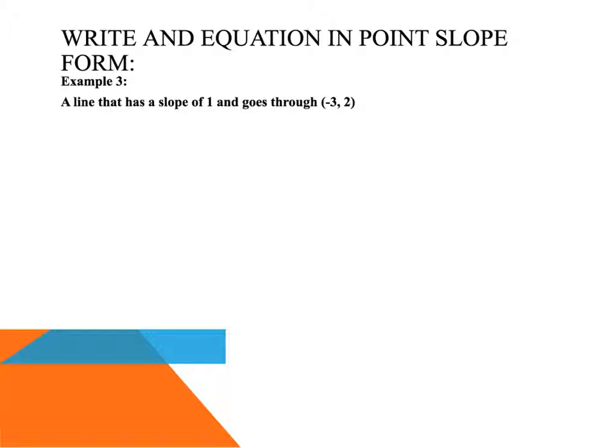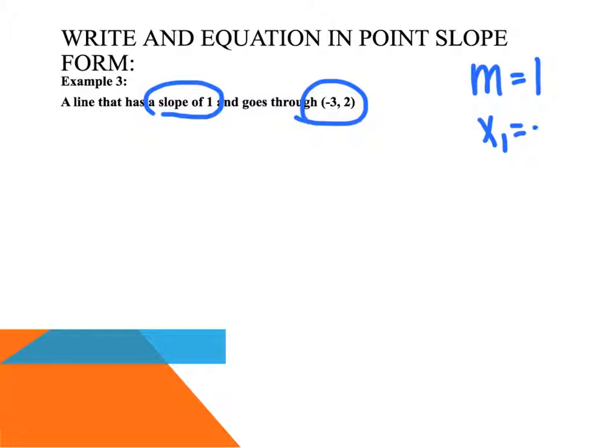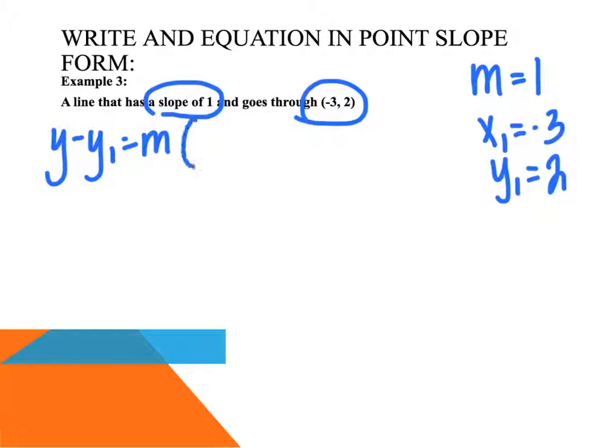Example 3. A line that has a slope of 1 and goes through negative 3, negative 2. In this case, my m value is 1, x1 is negative 3, y1 is negative 2. My formula, y minus y1 equals m times x minus x1. I'll just substitute in those values again.